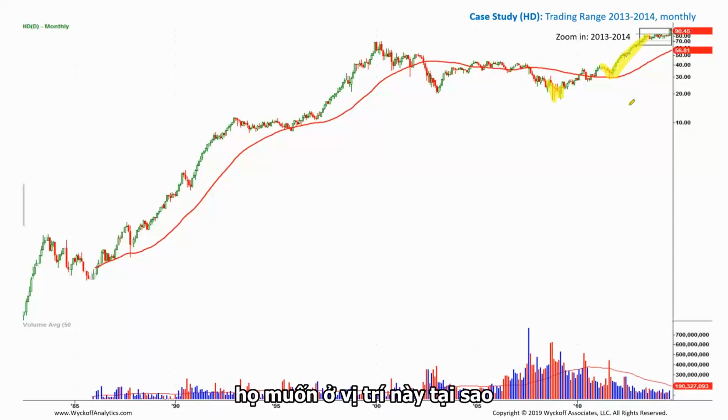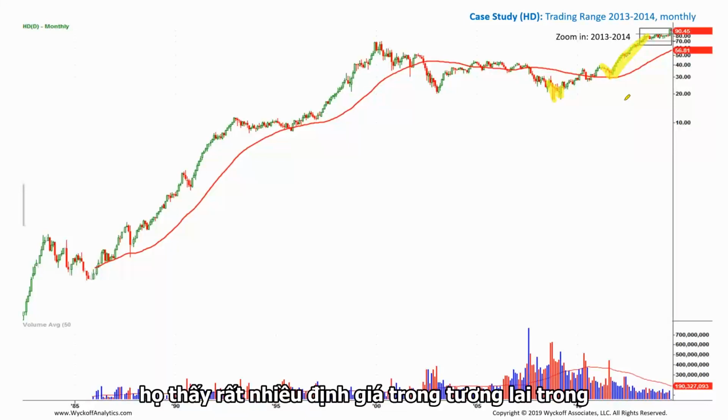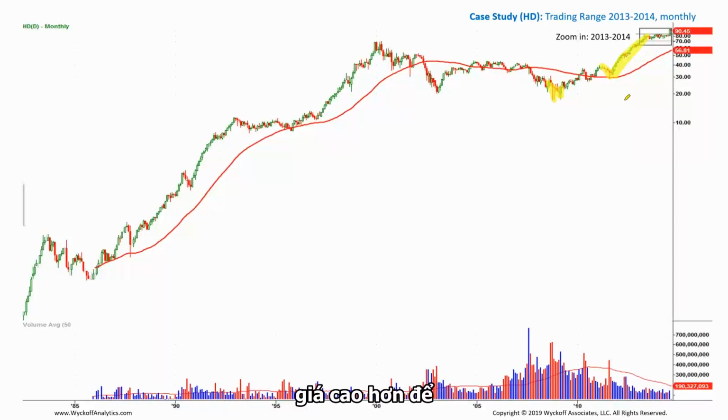They wanted to be in this position. Why? Well, because it's so valuable to them. They see a lot of future valuation in higher prices, so they want to be in that position before. And look at the run from 30 to 80, more than doubled on that run, and overcame a long-term resistance.